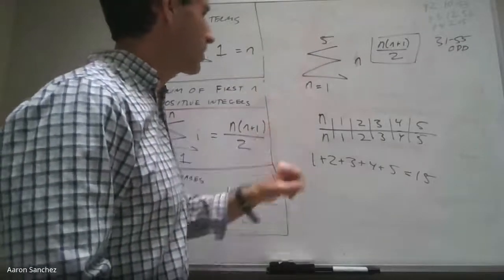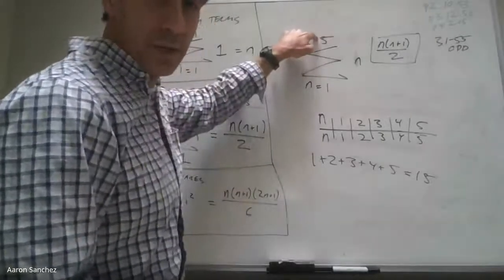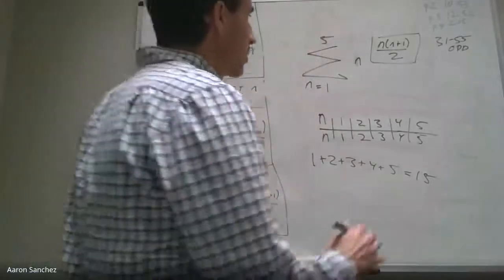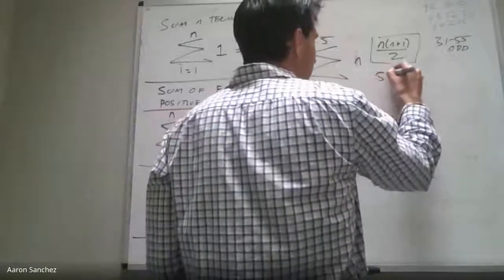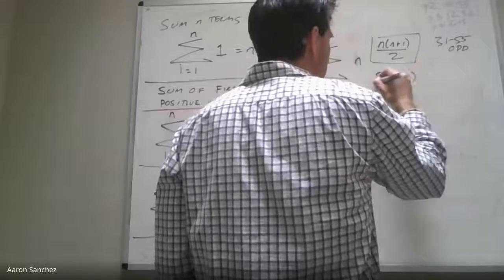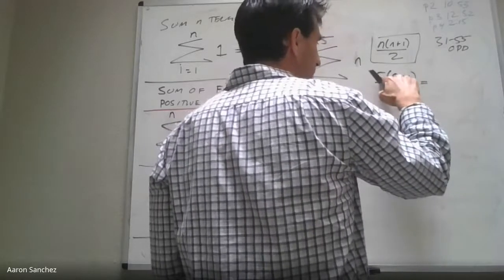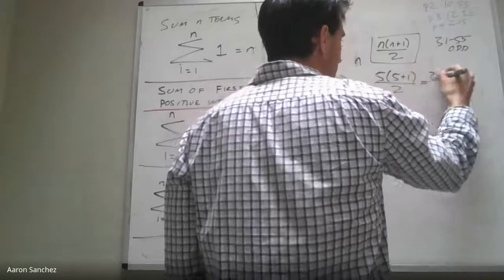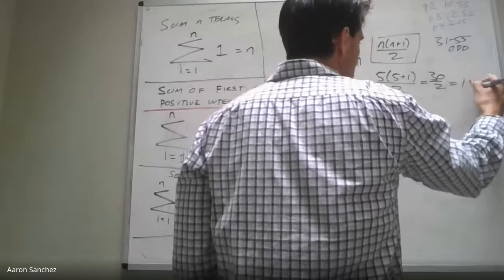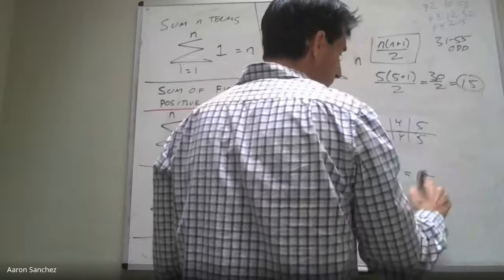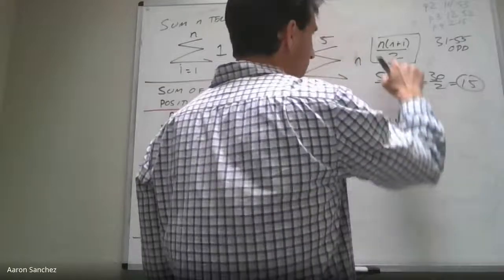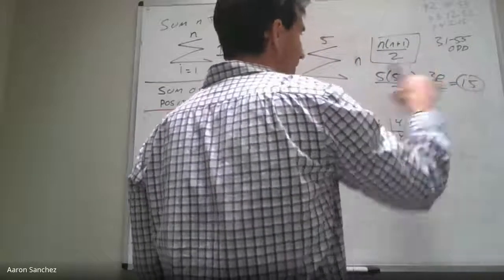Maybe that's why they do I, because they get confused. It's the number up here. So let's plug in our 5. 5 times 5 plus 1 over 2 is equal to 5 plus 1 is 6 times 5 is 30 divided by 2 is 15. So instead of adding all those up, I did n times n plus 1 divided by 2, and I get that.